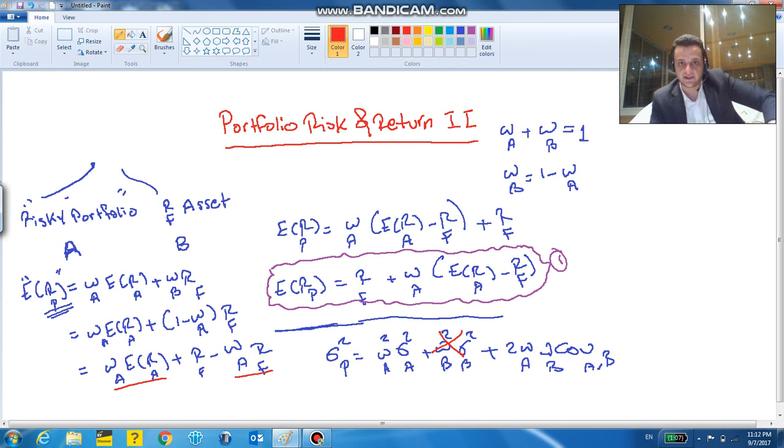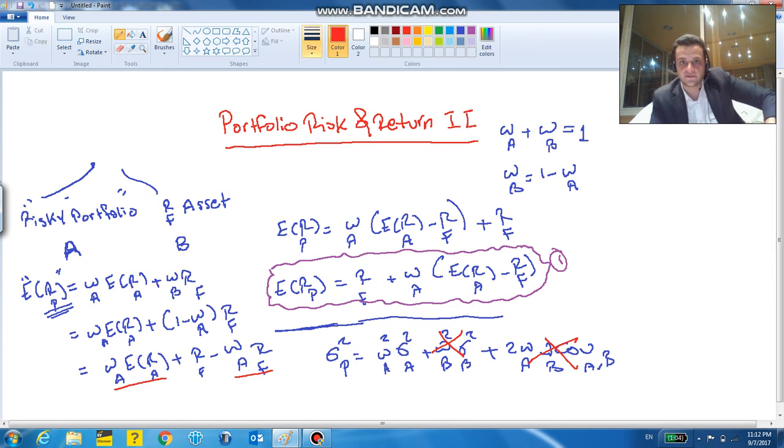And we said in the previous lecture that the correlation of the risk-free asset with any other asset is 0. The correlation makes the covariance, so if the correlation is 0, then the covariance is 0, and this expression cancels out.